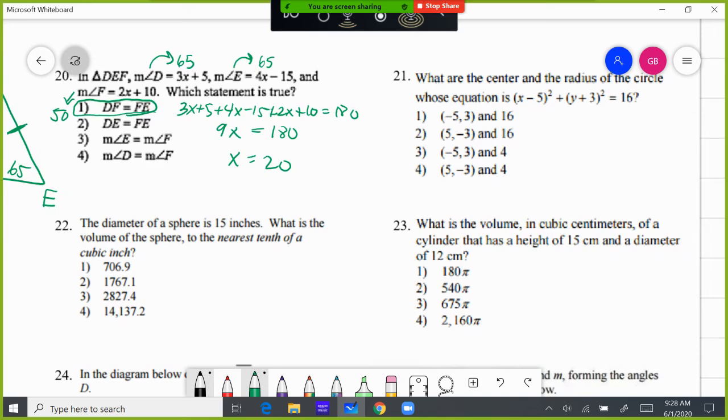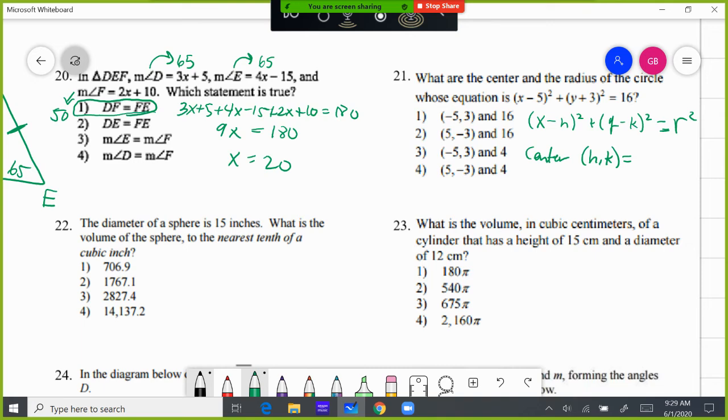Okay, 21. What are the center and radius of the circle whose equation is x minus 5 squared plus y plus 3 squared is equal to 16? So here we have an equation of a circle. Just a reminder, it's x minus h squared plus y minus k squared is equal to r squared, where the center is h comma k.